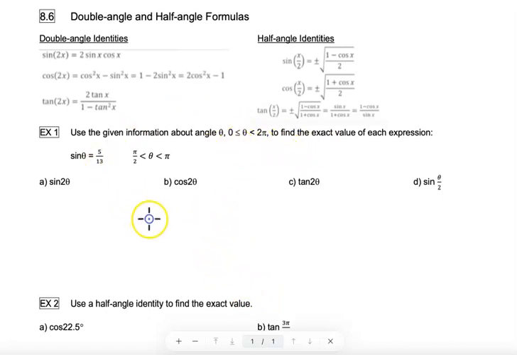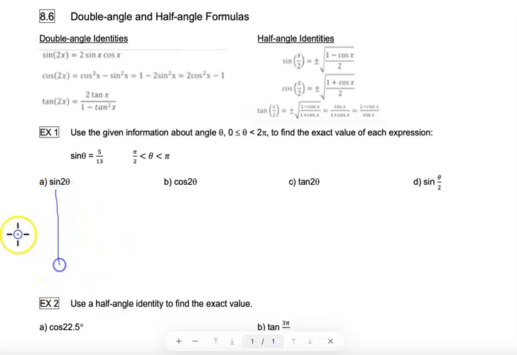Then it gives you a specific quadrant for each problem. In this one, theta is between pi over 2 and pi, which means we're working in quadrant 2. So that's what you're going to have to do first on these types of problems, is draw your triangle in the appropriate quadrant.